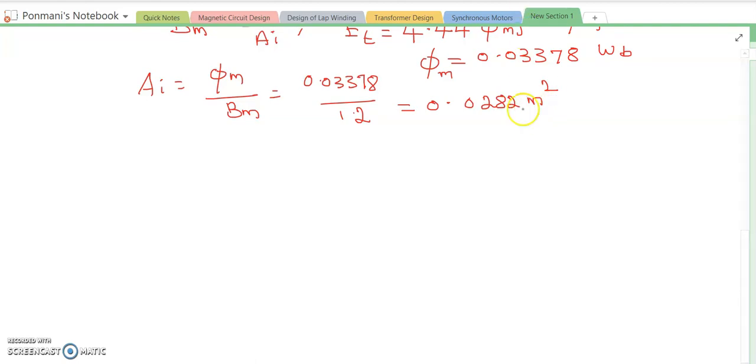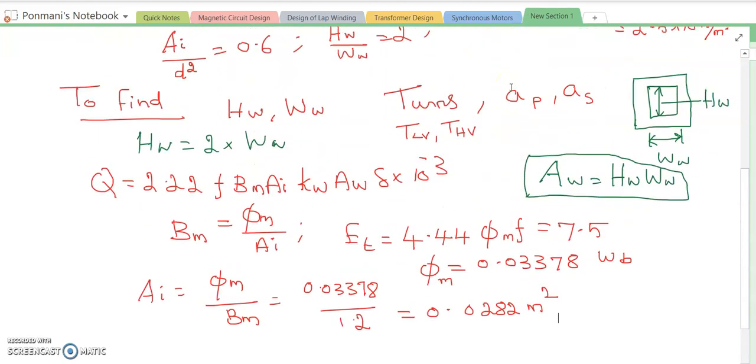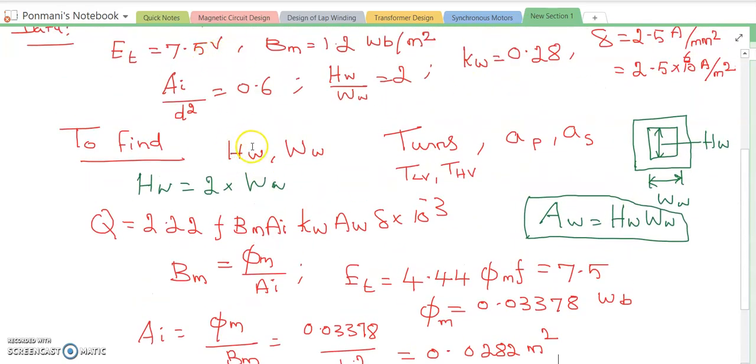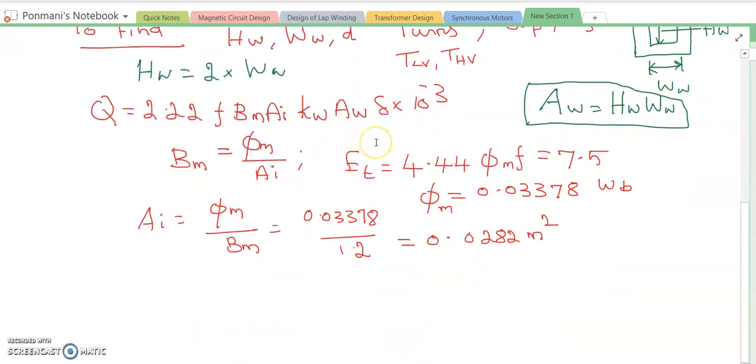So we have calculated A. In the dimensions of the window, we need the main dimensions of this core, which include HW, WW, and this A also. That is this D, the diameter of the circumscribing circle. That also we have to calculate.